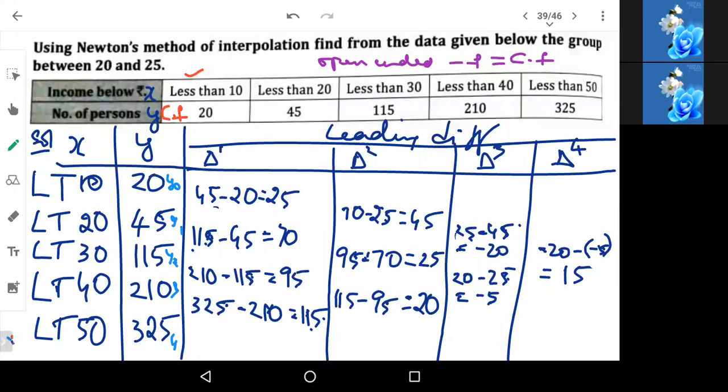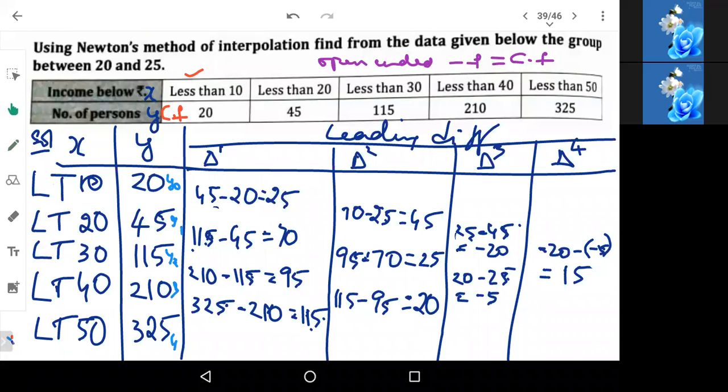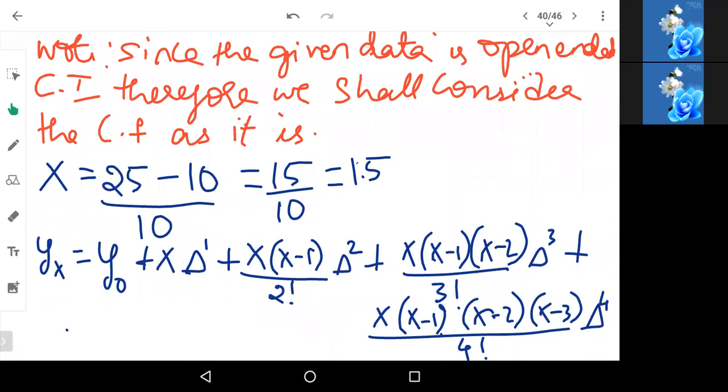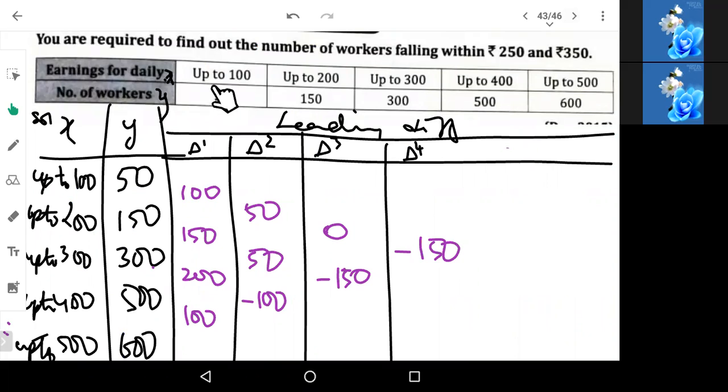In this open-ended problem, they will ask you for the group between 20 and 25. It's a group between. So when it is a less than problem, you just have to find out less than 25, and less than 20 is already given in the question. Whatever value you find, subtract 45 from it so that you get the proper required answer. But when it comes to the next type of problem, which is up to, here it is not defined properly.